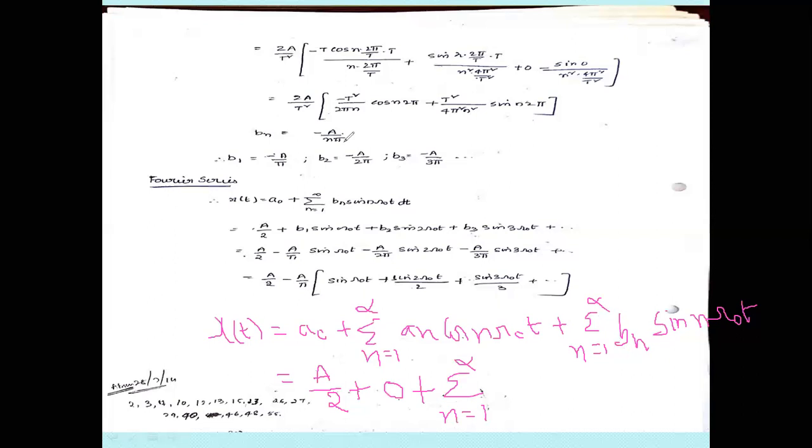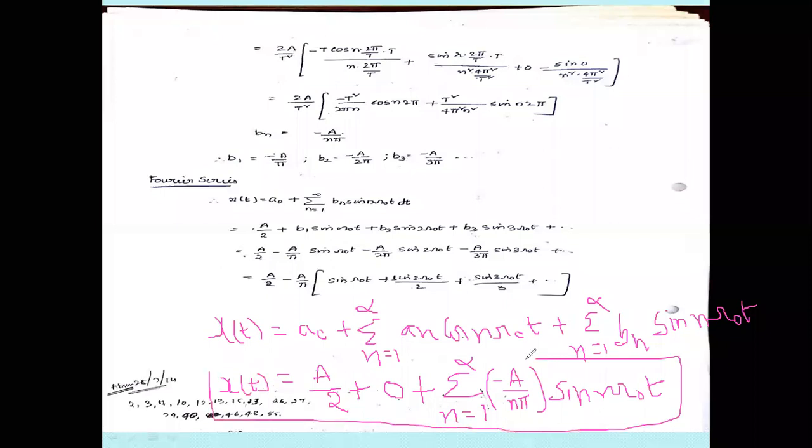What is bn? We got bn is minus a by n pi multiplied with sine n omega naught t. This is the total final expression of the trigonometric Fourier series.